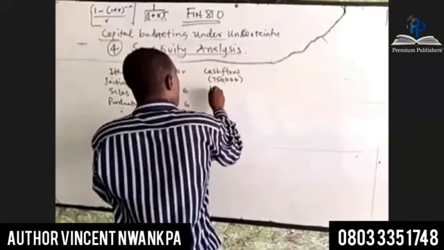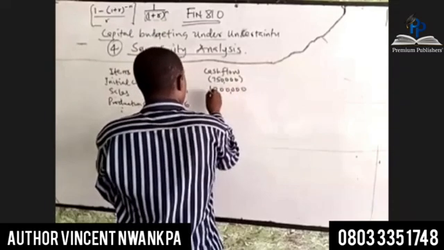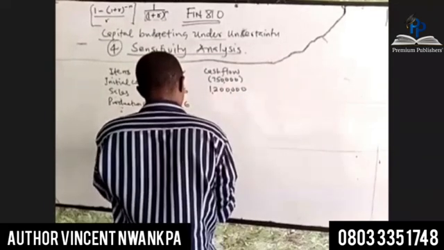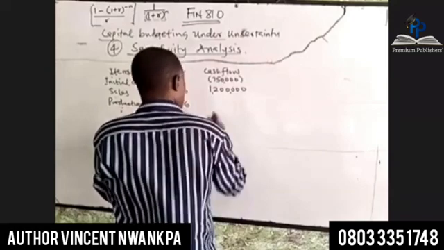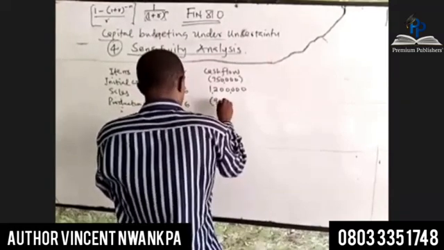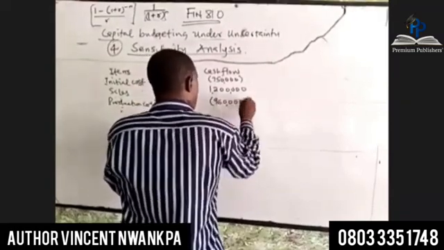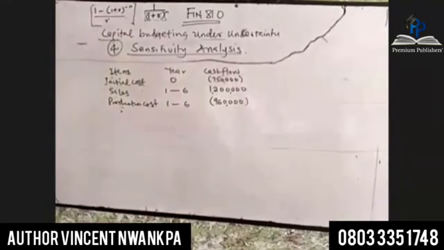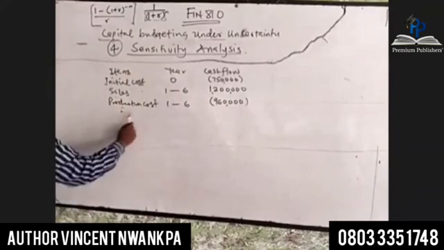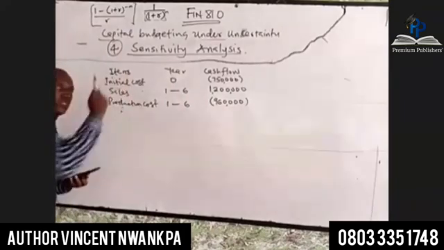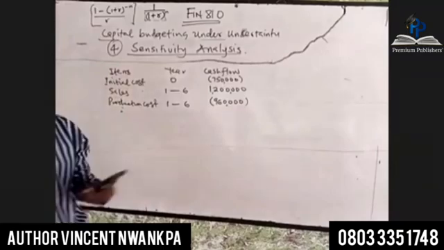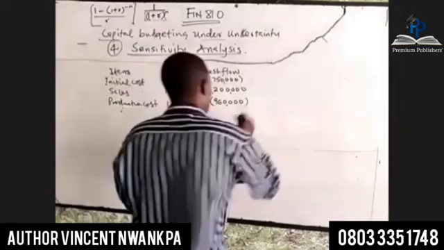Sales every year, 1.2 million. That's what is coming up on that question. Production cost, anything cost is minus. Our cash flow that has payment is a minus. Because this production cost and this initial cost are costs, they have a minus.